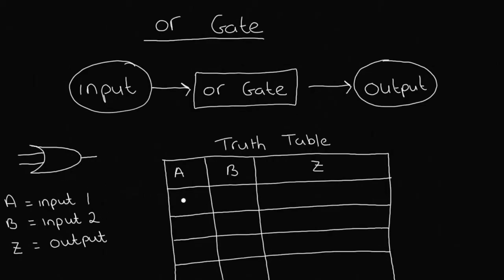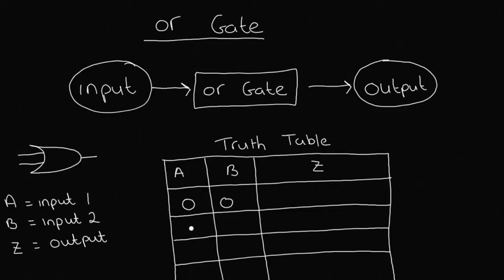First of all, we need to come up with all the different combinations of 1s and 0s we can use with our OR gate. If you remember, with our NOT gate we only had 2 different possible inputs because there was only 1 value that we took in as input. Now with this, we're taking in 2 inputs. So let's say the first example we could have is 0, 0, so both A and B could be 0.